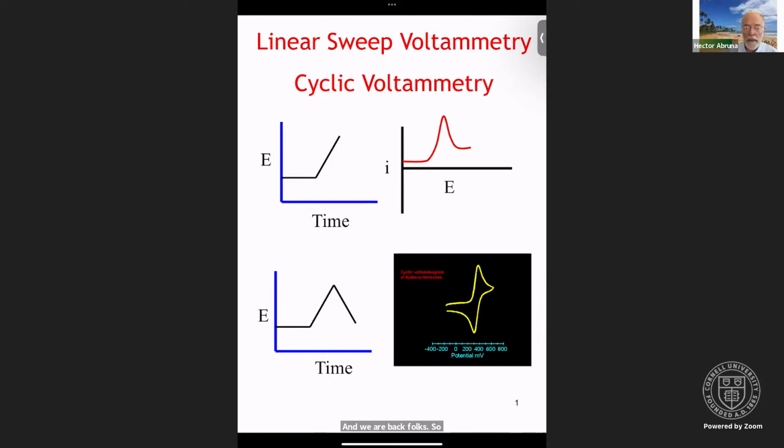So now we start with our discussion of what is often people's favorite, linear sweep voltammetry and cyclic voltammetry.